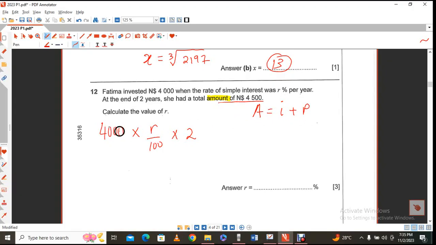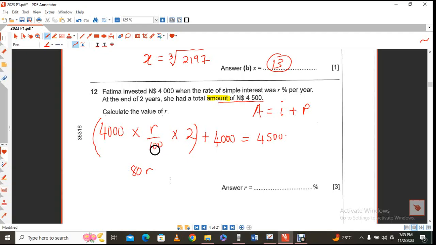So this is the interest, this part here. This is how we normally calculate simple interest. Then we have to add the 4,000 because that is the initial investment, and that should give us the amount of 4,500.